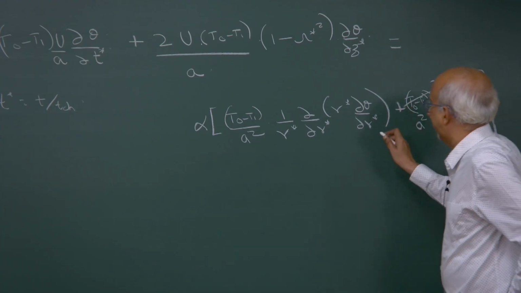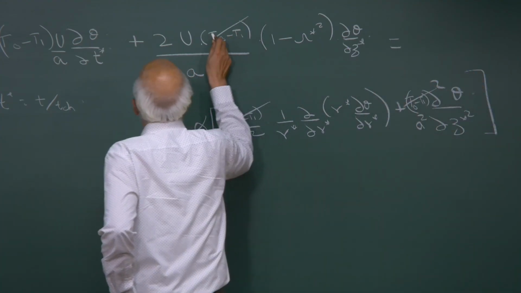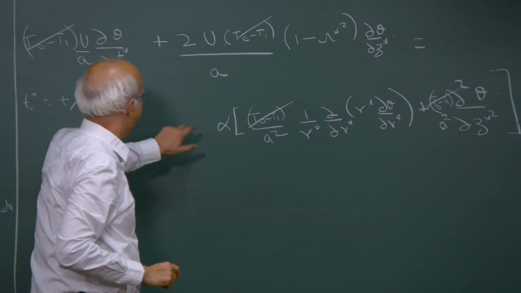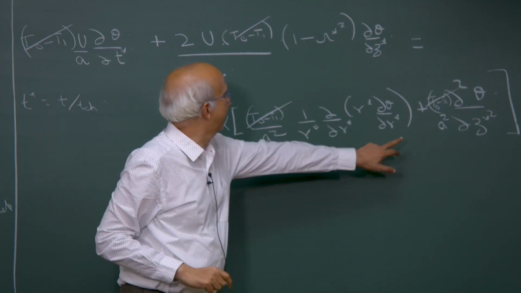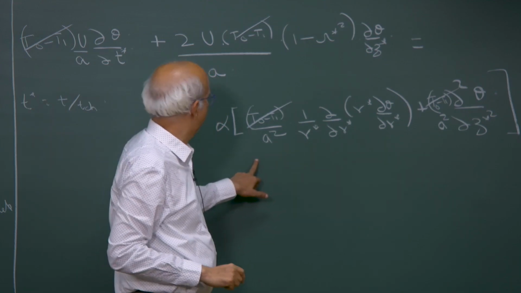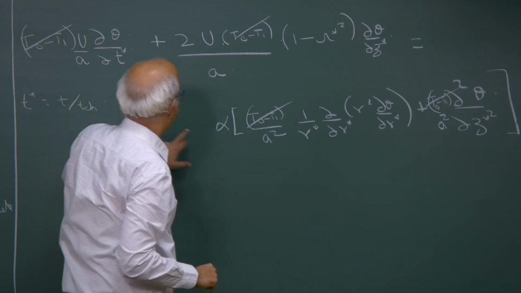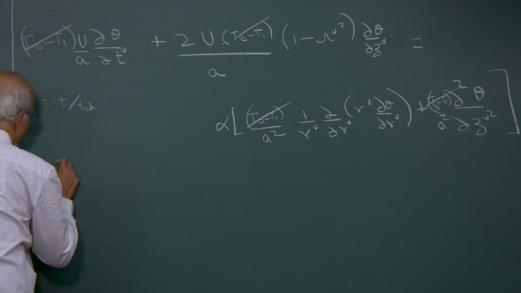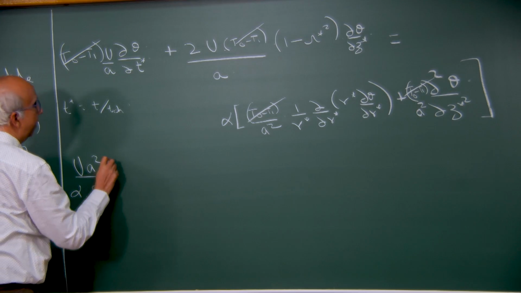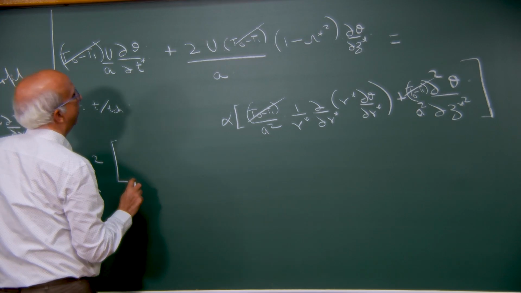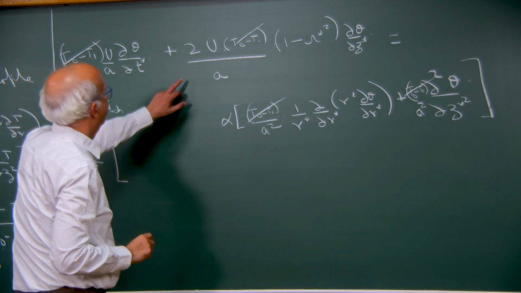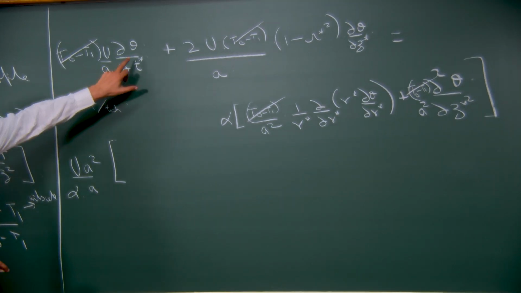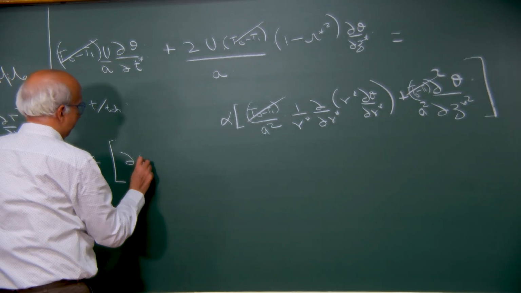So, T naught minus T1 cancels everywhere, and what I am left with, I am going to take A squared common from both these terms, and multiply this by A squared by alpha. So, I have U A squared by alpha times A, so this U by A is common.